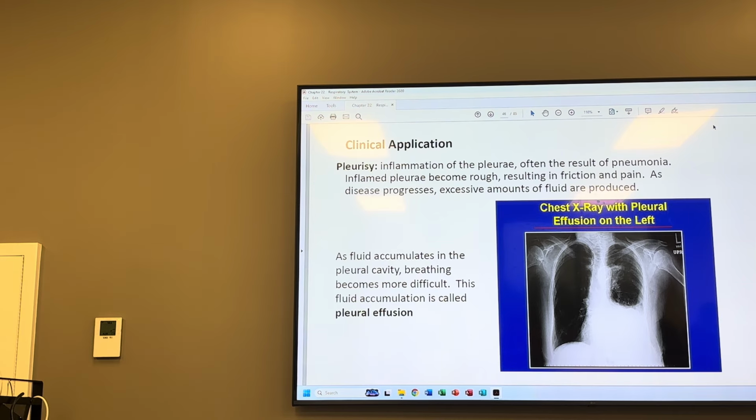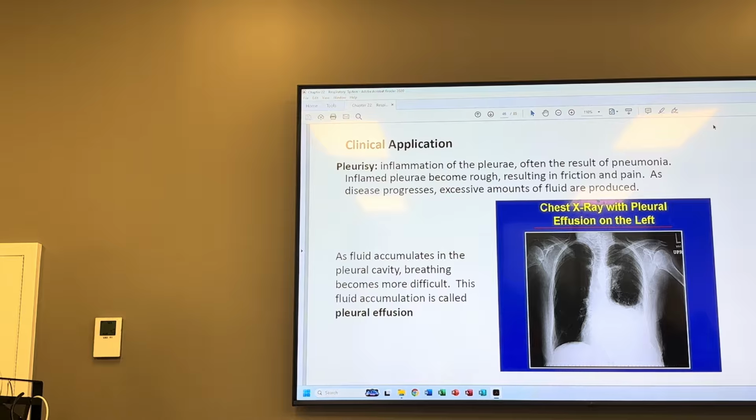You will definitely have disease after disease after disease on this test, so put a big star every time you see a disease. This is pleurisy, inflammation of that bag that's around your lungs. When you have inflammation, don't you get swelling? Swelling is edema.